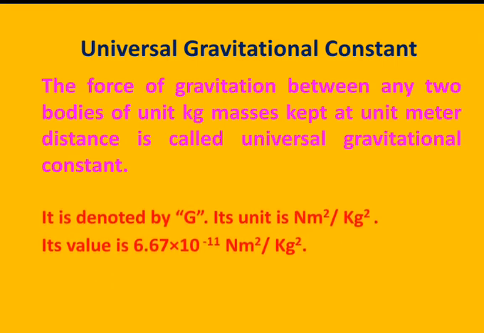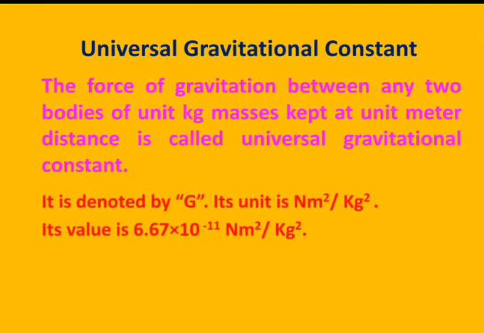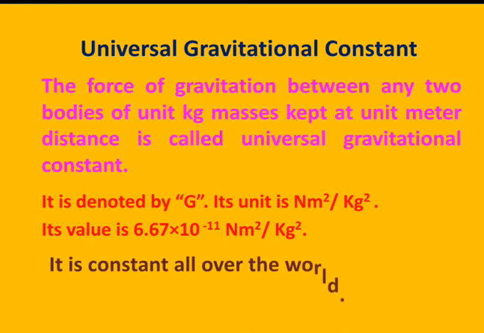It is denoted by capital G. Its unit is Newton meter square per kg square. Its value is 6.67 into 10 to the power minus 11 Newton meter square per kg square. It is constant all over the world.